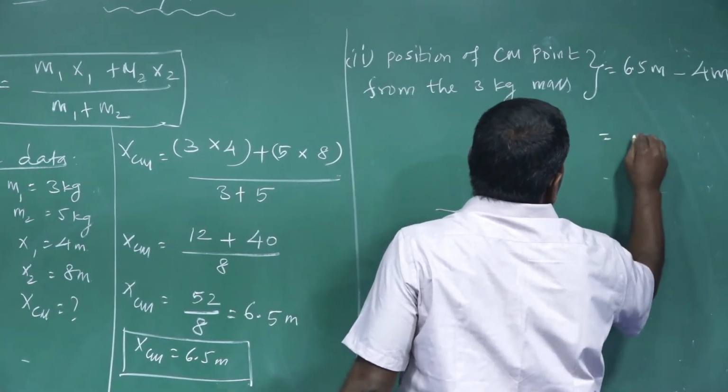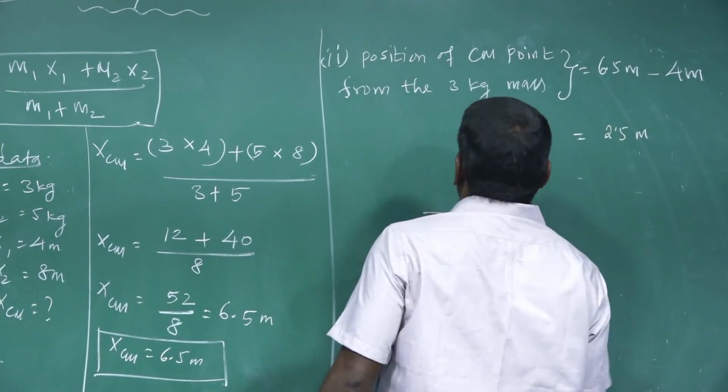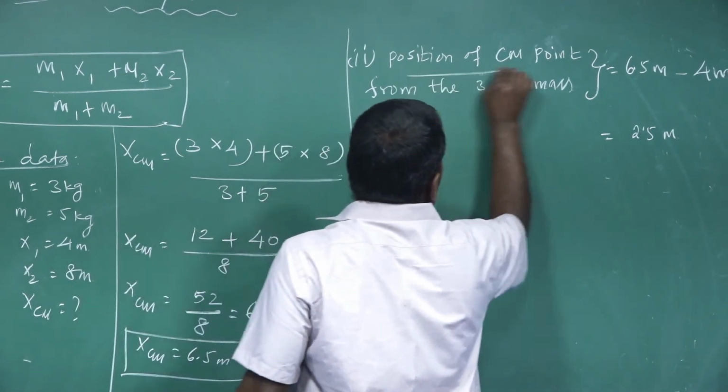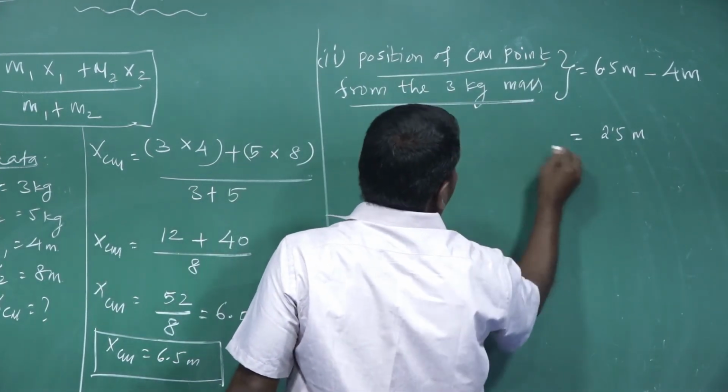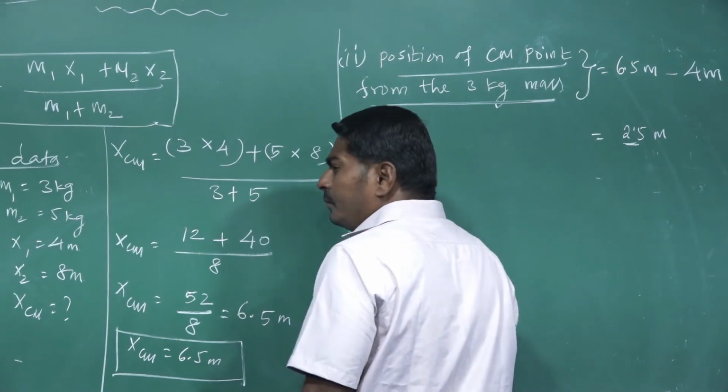So subtract this 2.5 meter. So this is the position of center of mass point from the 3 kg mass is 2.5 meter.